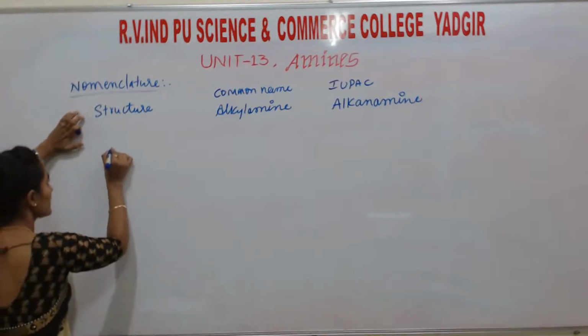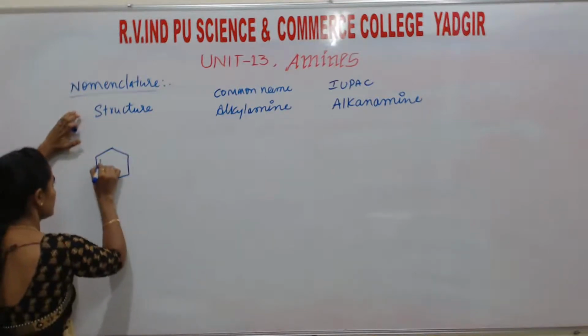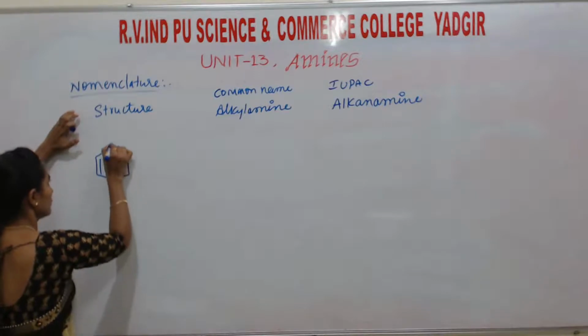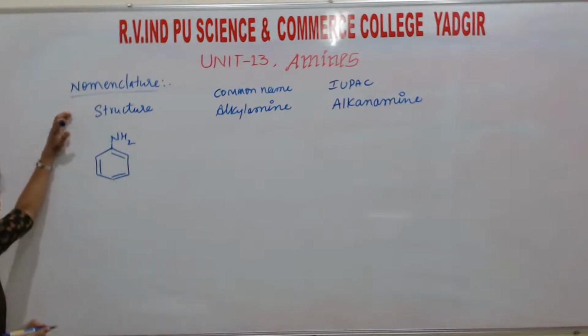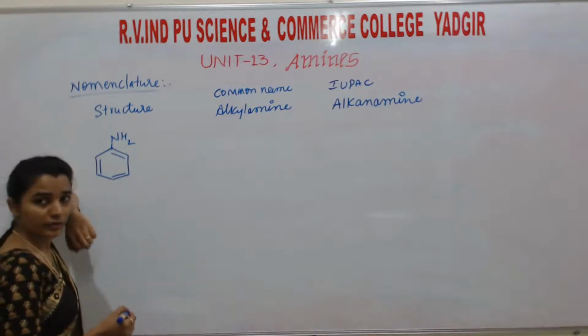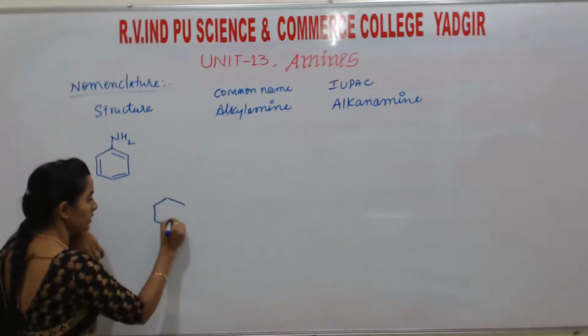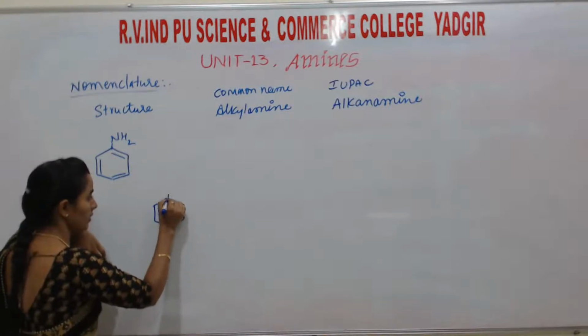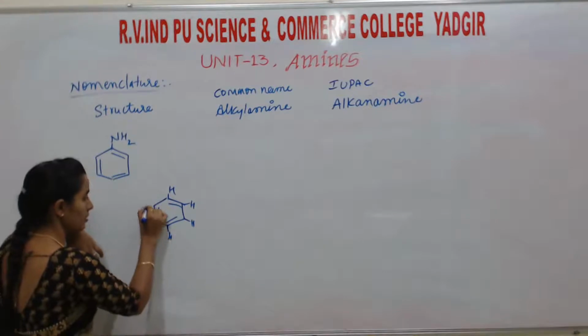The simple example I write is this. It is also a derivative of what? Amine. How? This is benzene, which means here H, H, H, H, H and H are there.